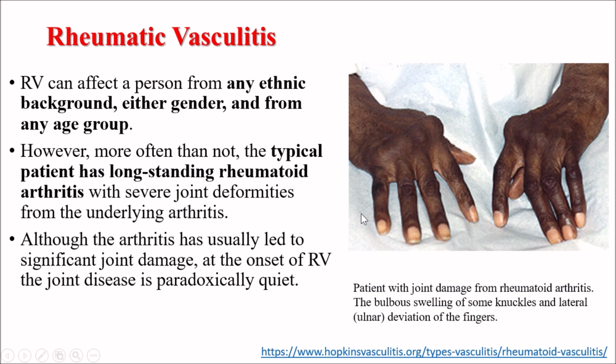Although the arthritis has usually led to significant joint damage, at the onset of the rheumatic vasculitis the joint disease is paradoxically quiet. Here you see the patient's hand with joint damage from rheumatoid arthritis. The bulbous swelling of some knuckles and lateral ulnar deviation of the fingers you see here.